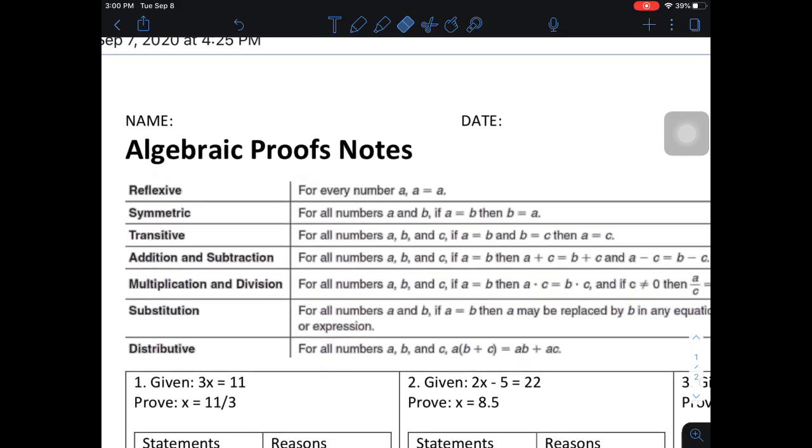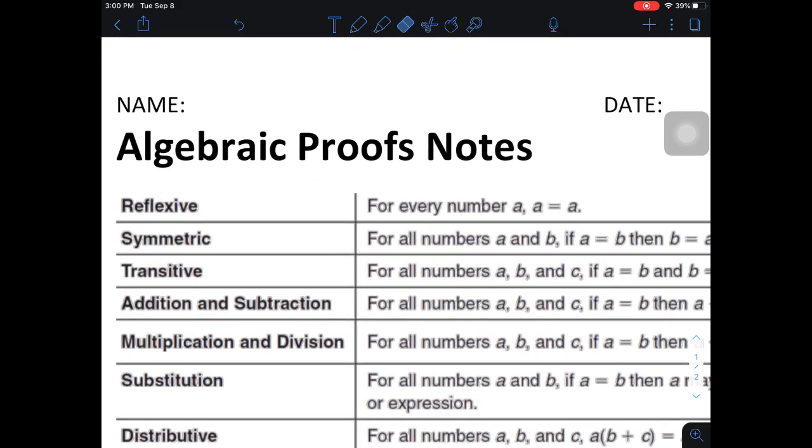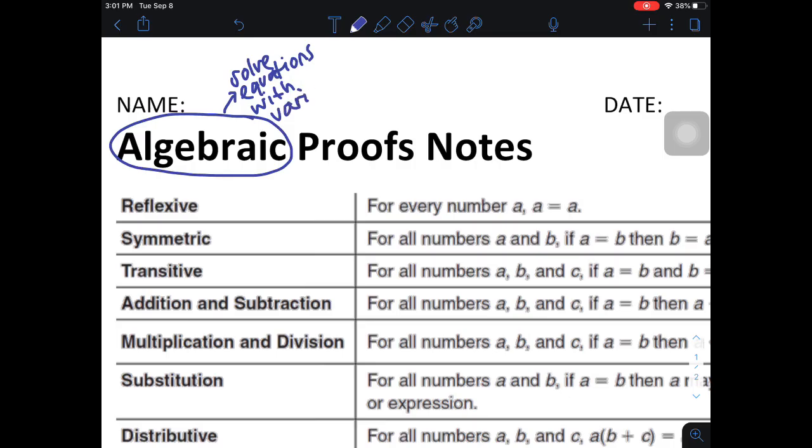All right, guys, let's go ahead and jump into these algebraic proofs. First of all, what is an algebraic proof? Okay, so algebraic is pretty much what it sounds like. It's algebra. So you're going to be solving equations with variables.